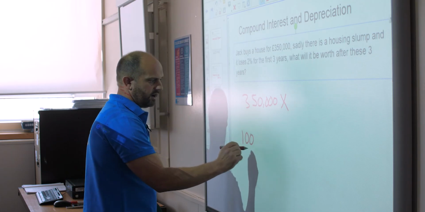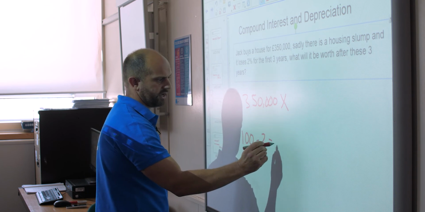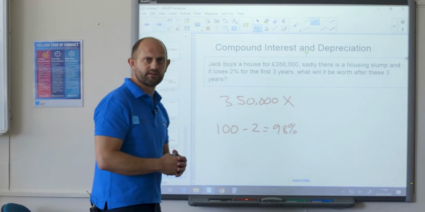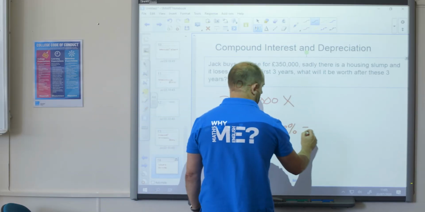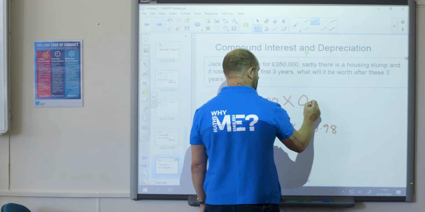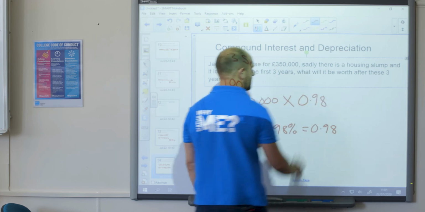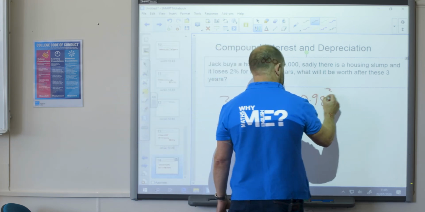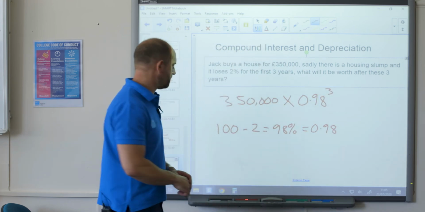So 100 minus 2 equals 98. So the house is only going to be worth 98% of the value. So that equals 0.98. So we're going to multiply that by 0.98. Okay, and it loses money for those first 3 years. So that's going to be to the power 3.